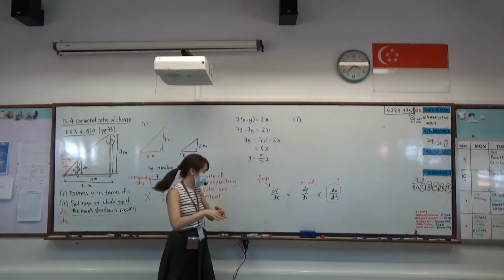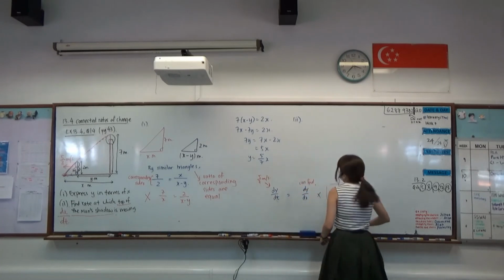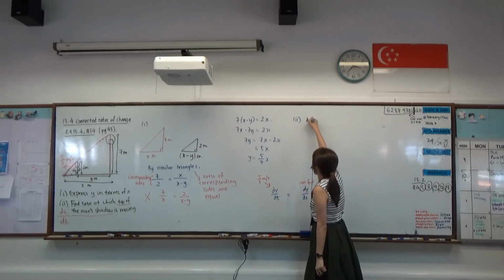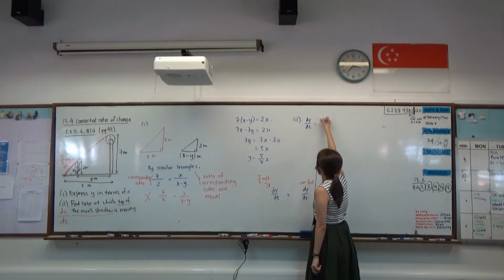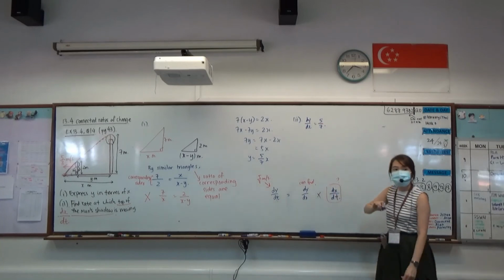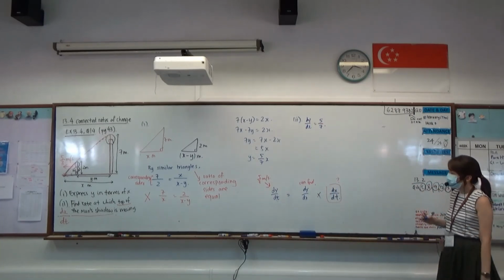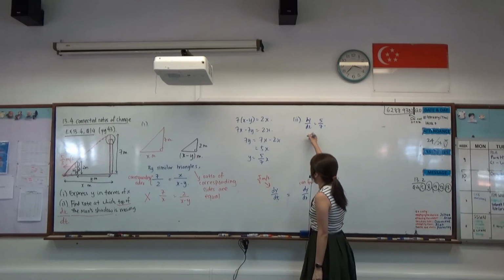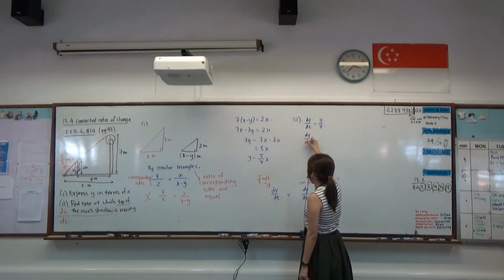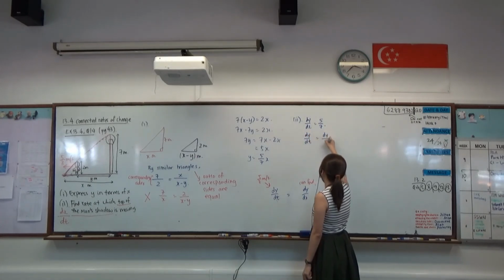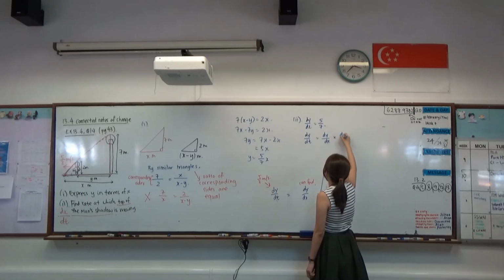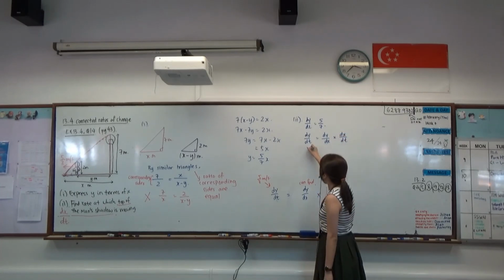Okay, so now let's piece everything together. We have found our dy over dx, which is 5 over 7. So dy over dt is equal to dy over dx times dx over dt. This is 5 over 3.